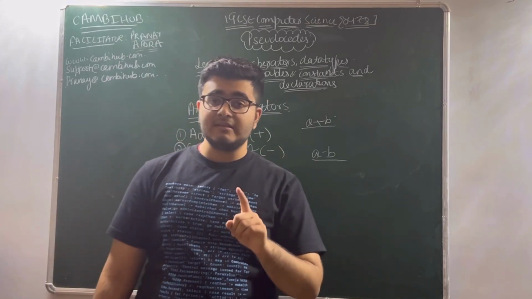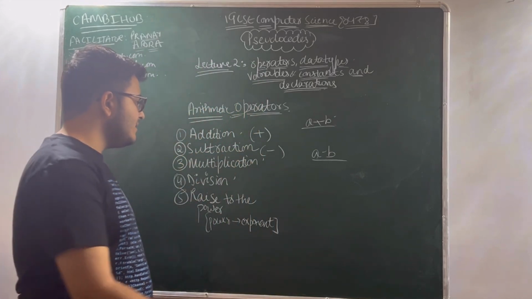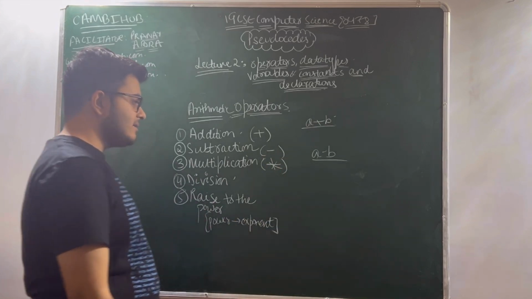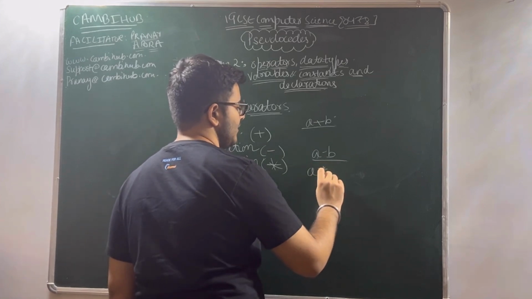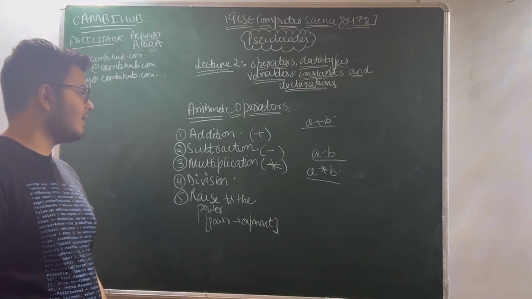We don't use X. X is a different letter. We don't have this symbol in our keyboard. Hence, the symbol that we use is a star. So if I had to write A into B in my program, I'll write it as A star B.